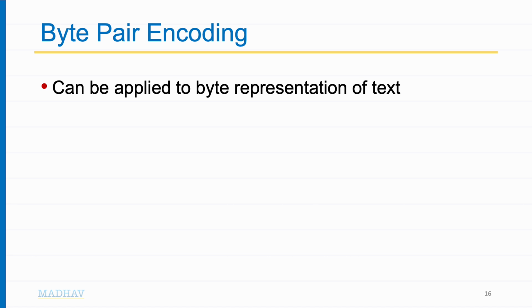That's why the name is byte pair encoding. It's not character pair encoding, but byte pair encoding. You apply it directly on the bytes, so it becomes very statistical, and you are ignoring all distinctions between languages. It's just a sequence of bytes for you.